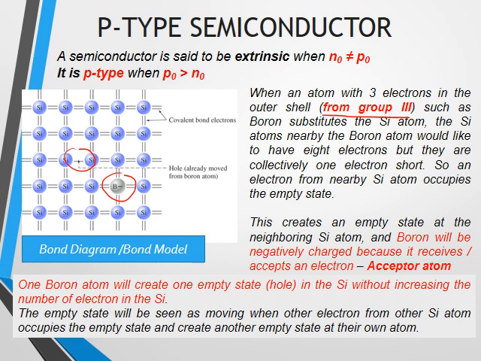This creates an empty state at the neighboring silicon atom, and boron will be negatively charged because it receives, or accepts, an electron, and that's why it is called an acceptor atom. One boron atom will create one empty state, which is a hole, in the silicon, without creating extra electrons in the silicon.